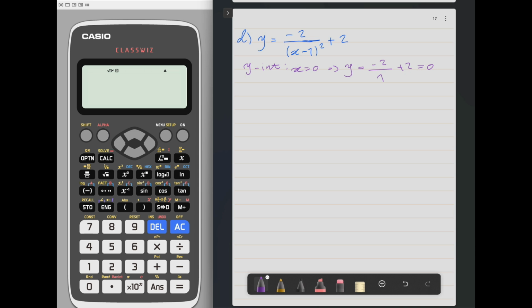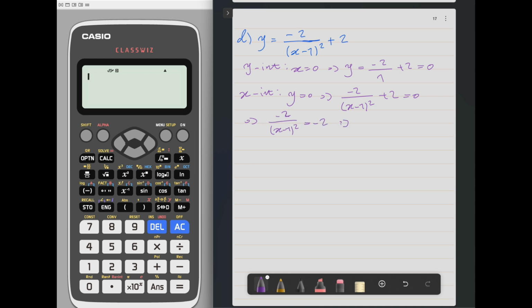Let's continue. X-intercept. Y is going to be equal to 0. So I'll have minus 2 over x minus 1 squared plus 2 equal to 0. So I'll have minus 2 over x minus 1 squared equal to minus 2.